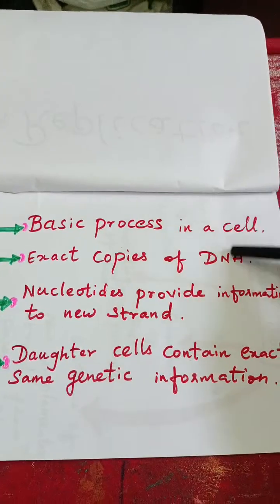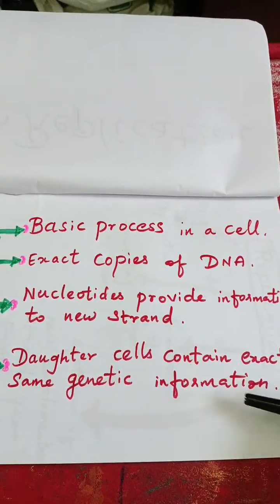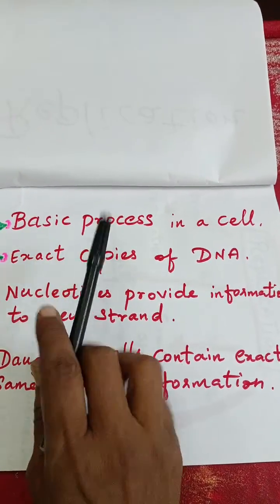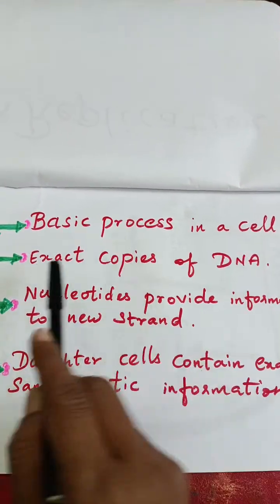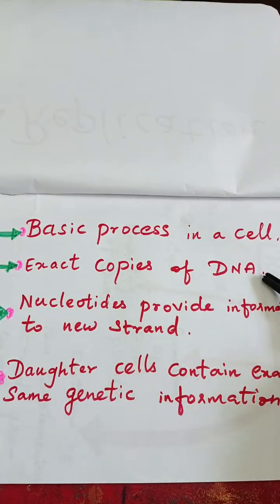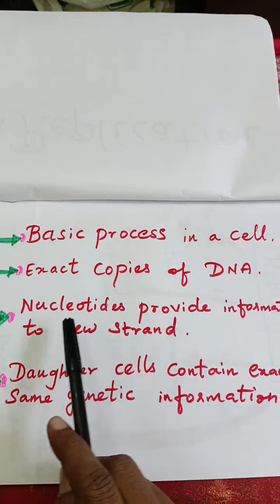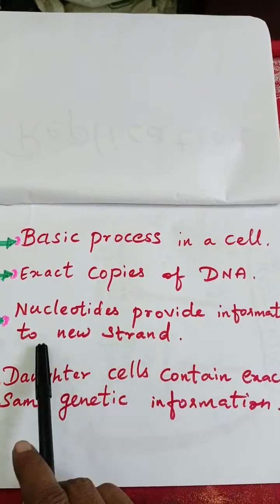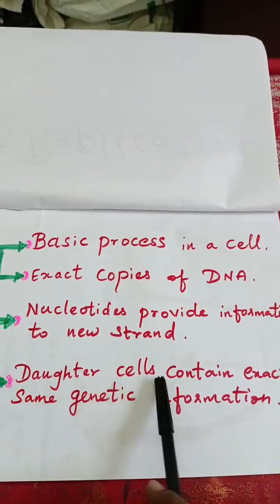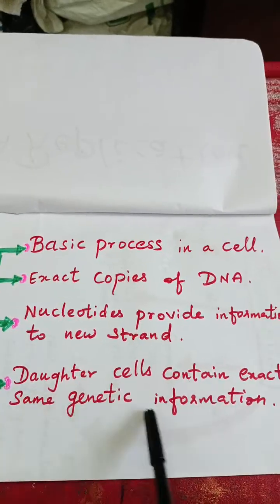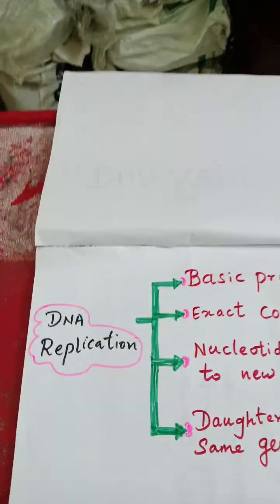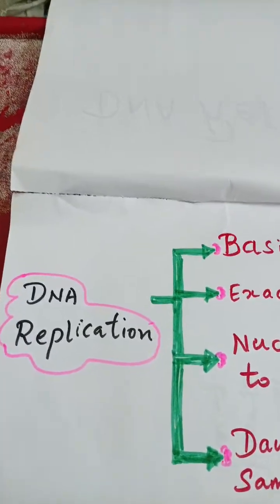So the first point is replication is a basic process in all living cells, and during this process the exact copies of DNA will be produced, and the nucleotides provide information to the new strand. Yes, and then the daughter cells contain exactly the same genetic information. So this is the general introduction to the DNA replication process.